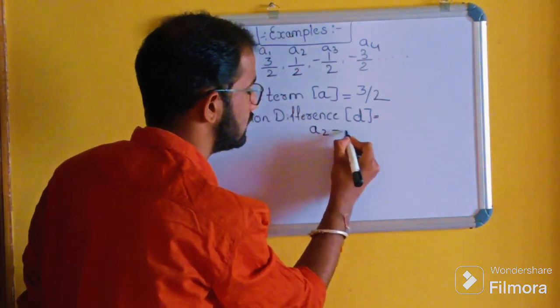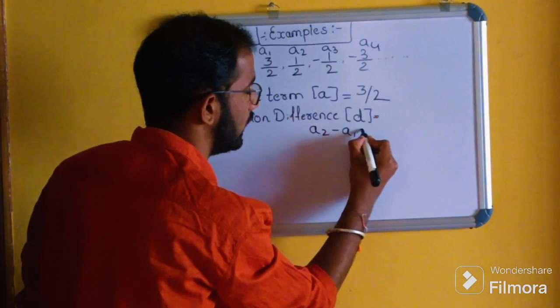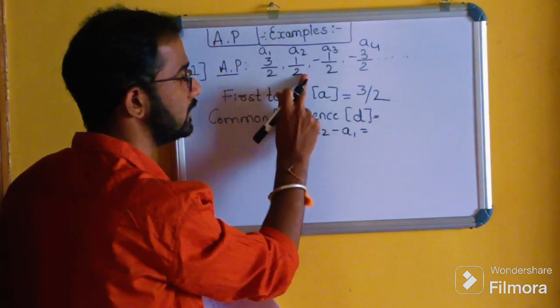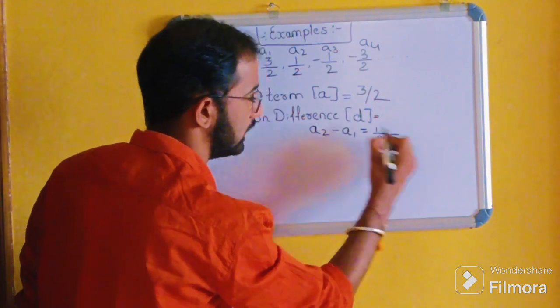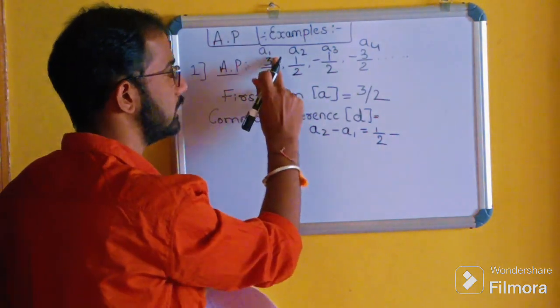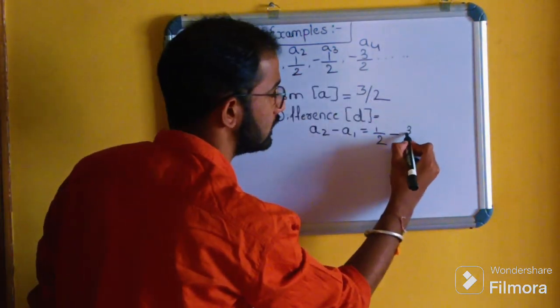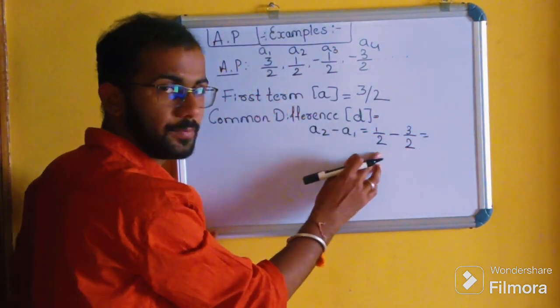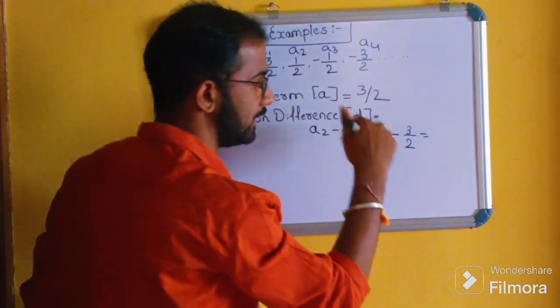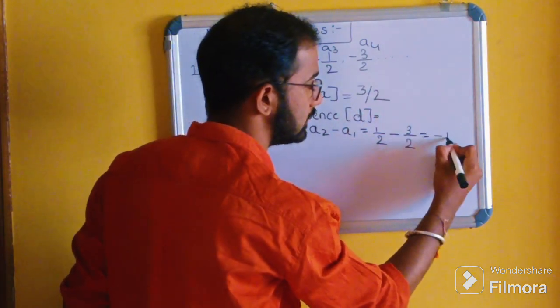What is a2? a2 is 1 by 2. So 1 by 2 minus, what is a1? 3 by 2. If you subtract these two numbers, we get the answer as -1.